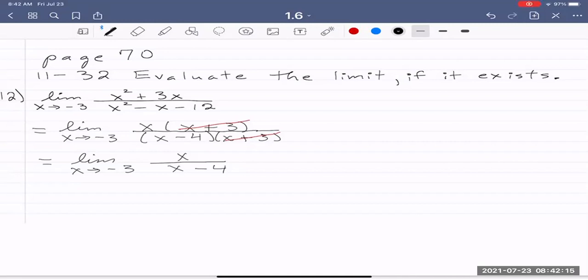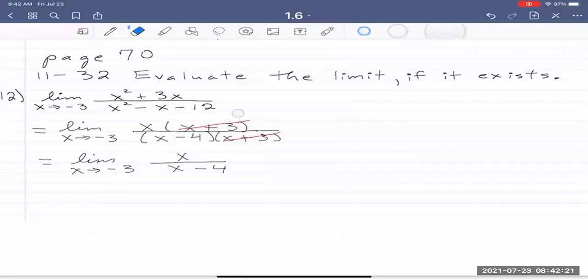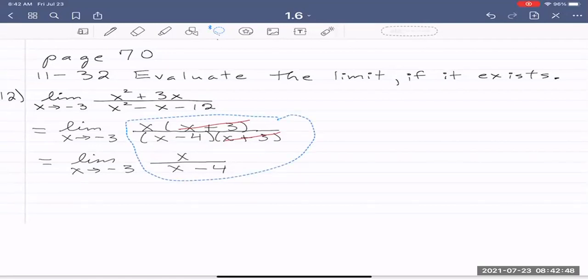Well, if I look here, this expression here and this expression here, these two functions are equal so long as x is not equal to -3. So they're equal in every deleted neighborhood of -3. Therefore, the limits are equal.